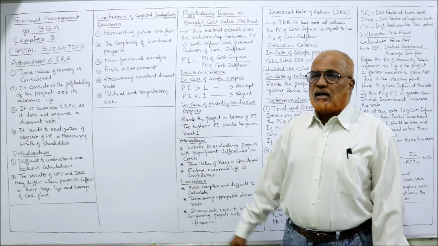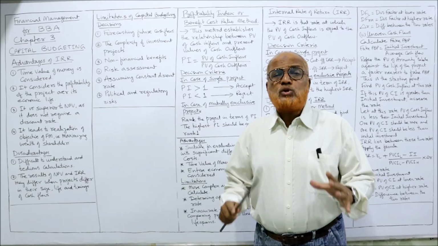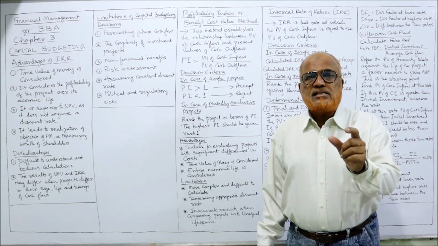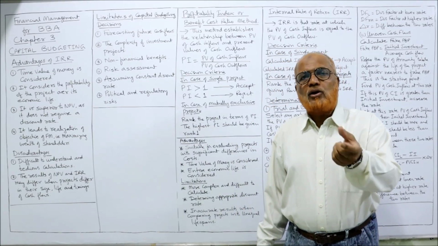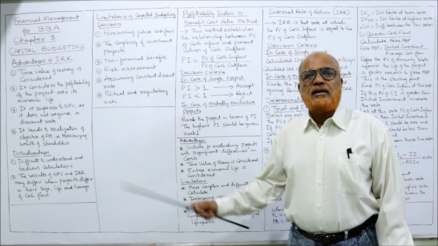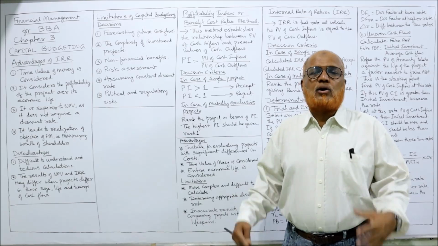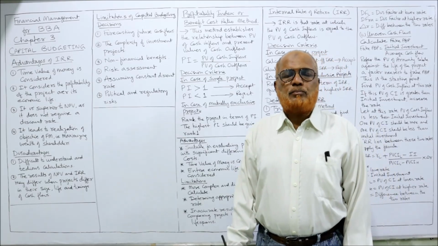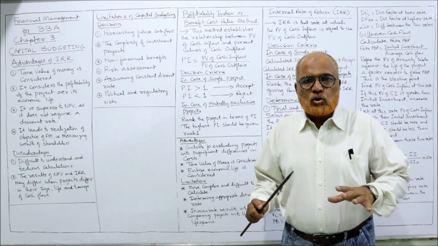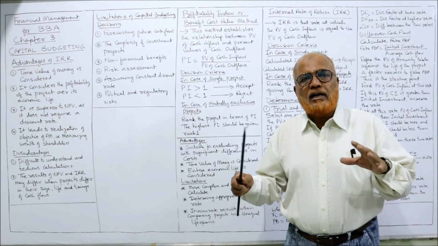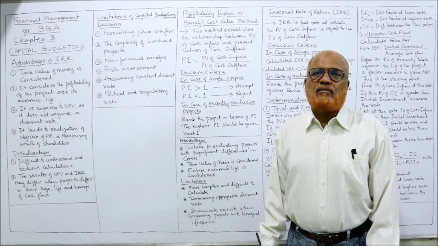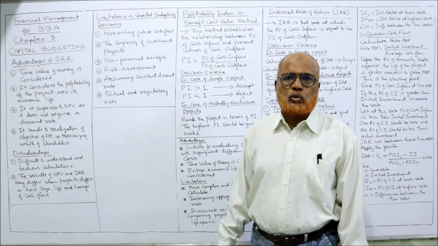Next one is risk assessment. Future is uncertain, but that uncertainty can be incorporated by undertaking the risk. So there are risk-adjusted techniques of evaluating capital budgeting proposals. So we should not ignore the risk, we should incorporate the risk in evaluating capital budgeting proposals.